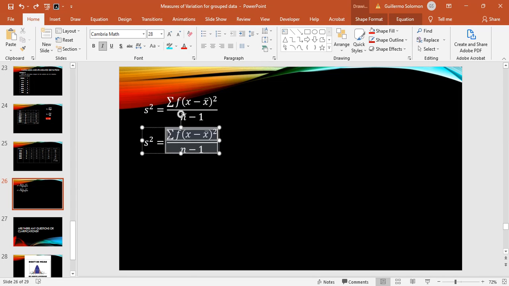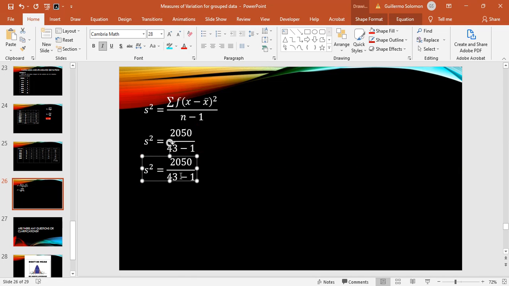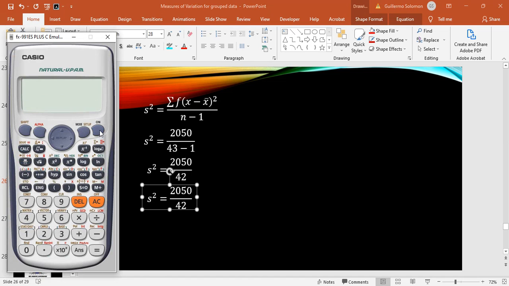Substitute lang natin dito. 2,050 all over 43 yung number of samples natin. So, substitute natin dito, 43 minus 1. So, apply the operation from the denominator. 43 minus 1, that is 42. Okay. And divide 2,050 divided by 42.